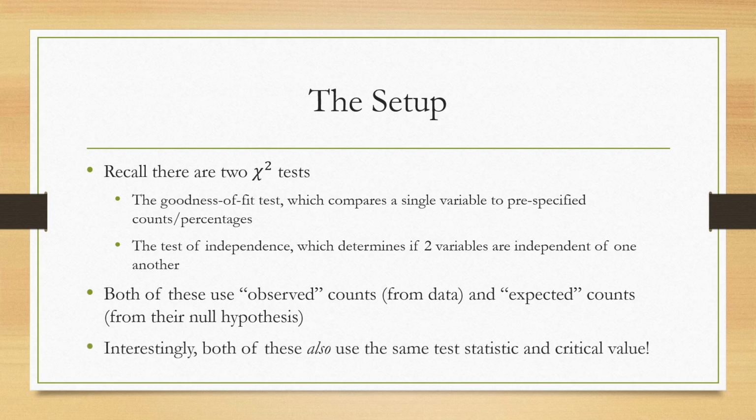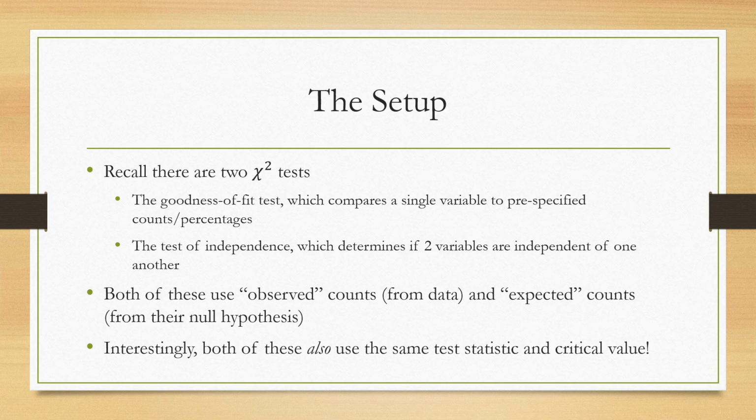Now, I find this kind of fascinating because often you'll hear these described as two tests, and in a way they are, but both the chi-squared goodness of fit test and the chi-squared test of independence use the same test statistic and the same critical value distribution, which I find kind of interesting. Ultimately, the reason for this is you're really running the same test.